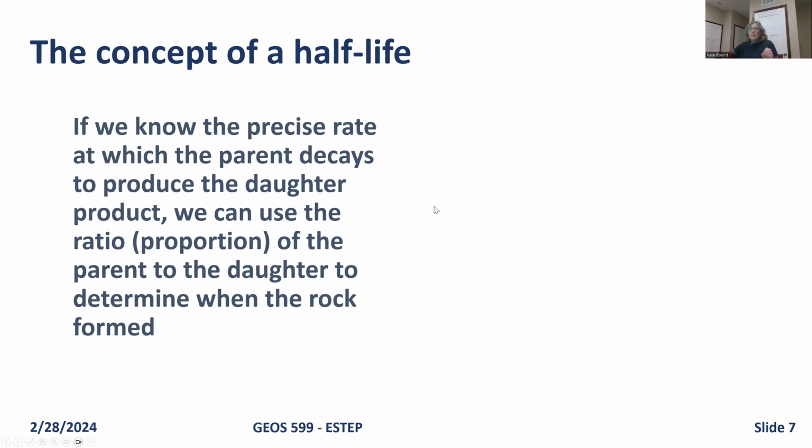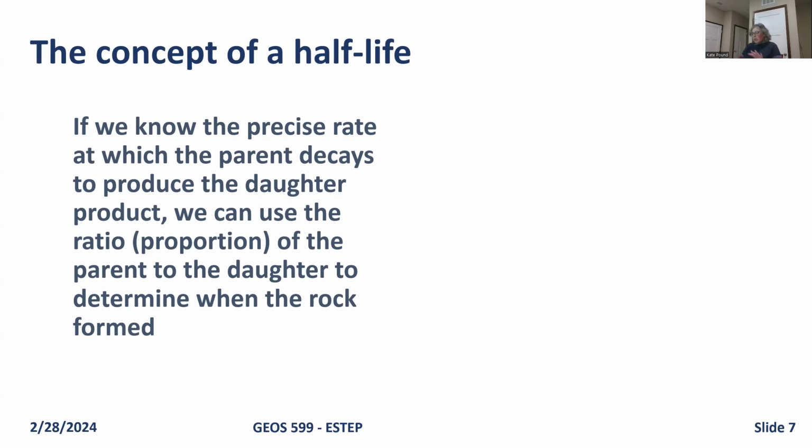Now, the next thing you need to wrap your head around is the concept of a half-life. It has nothing to do with working too much. It's all about radioactive decay. So if we know the precise rate at which the parent decays to produce the daughter, we can then use the proportion of the parent to the daughter to determine when the rock formed.